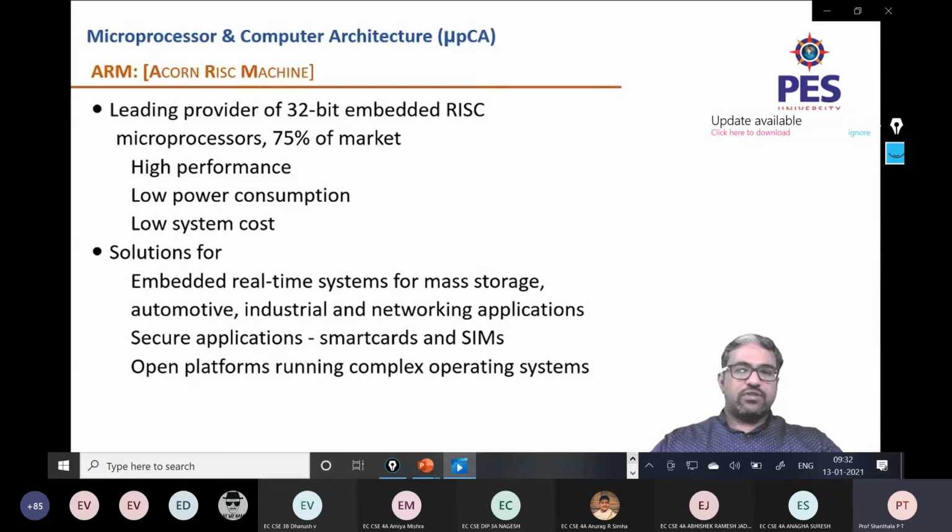As we discussed in the previous session, ARM is a RISC machine, reduced instruction set computer. A stands for Acorn or Advanced RISC Machine. It is called Advanced RISC Machine because it incorporates a lot of good features which are in CISC machines.